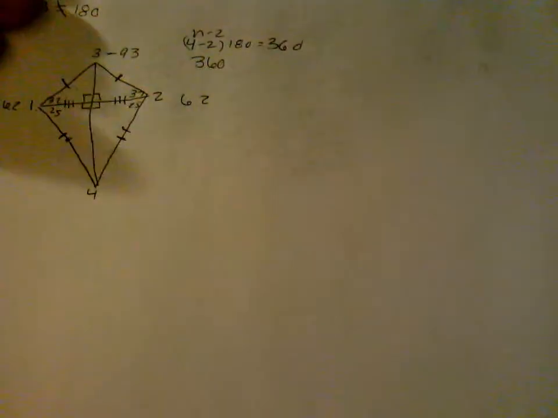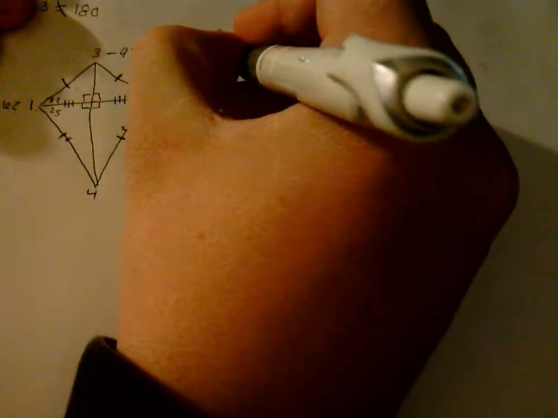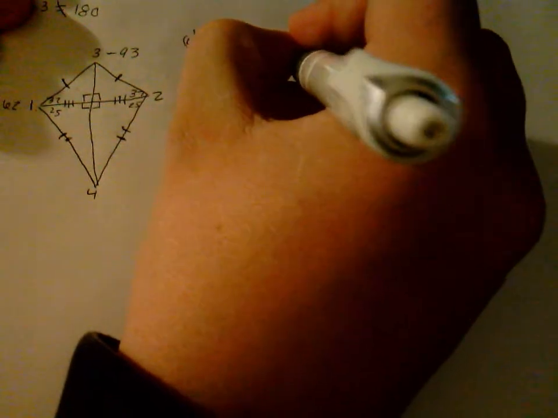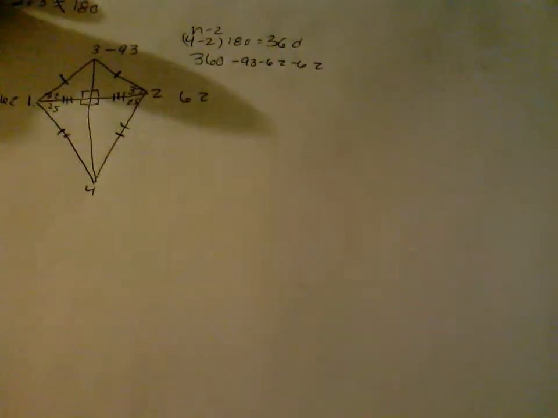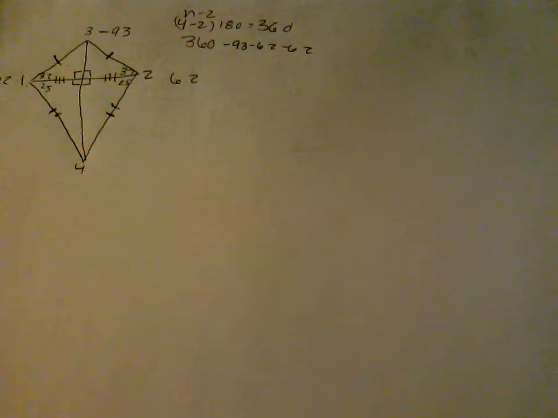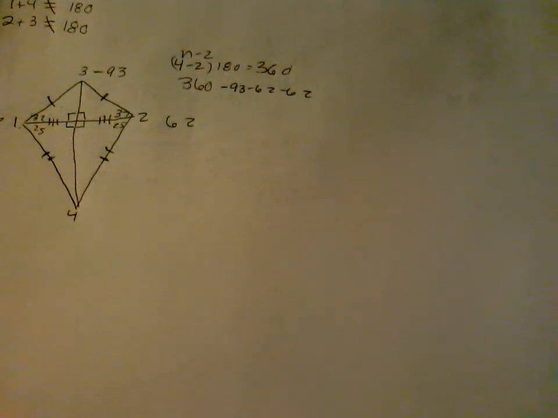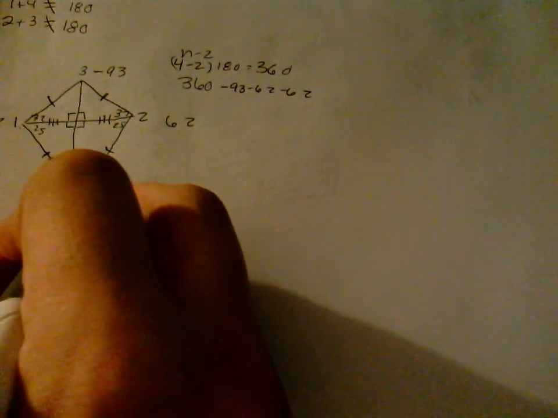Remember the n minus 2, since it's a four-sided figure, it'd be 4 minus 2 times 180, which would equal 360. So that's where I got that 360 from. And you take 360 and you subtract 93, subtract 62, subtract 62. If you did that, you'd end up with this last angle down here being 143.